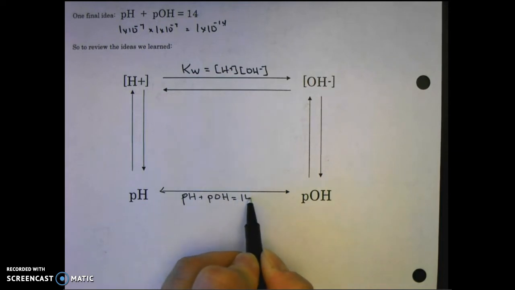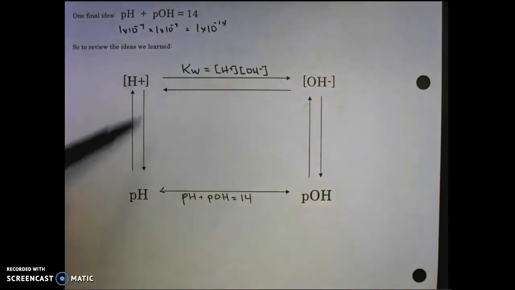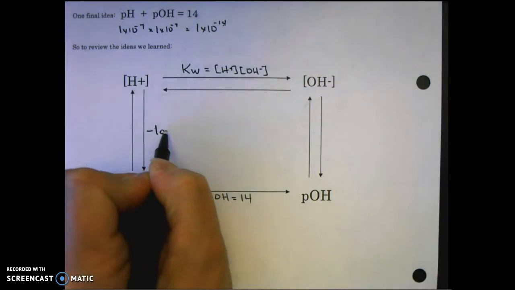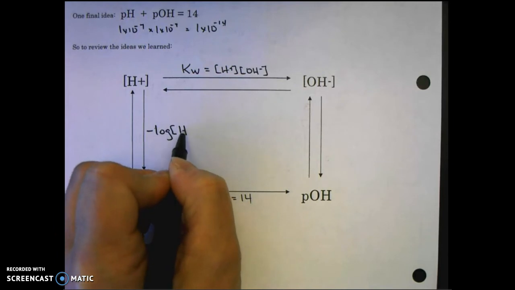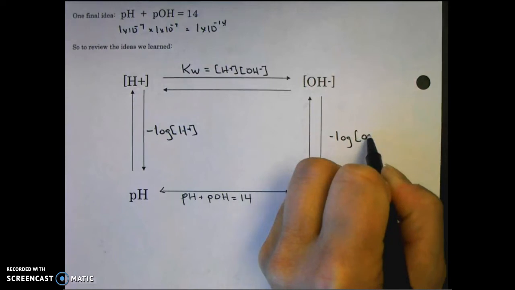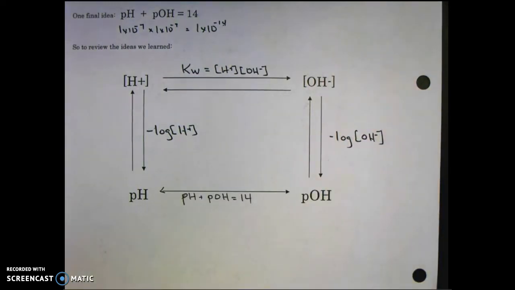It works both ways. But when you're going back and forth between the p-value and the concentration, the equations are different. So if you're given the concentration trying to get the p-value, you're doing the negative log of the concentration. So going down, that's what you're using. If you're going up, you're using the anti-log.